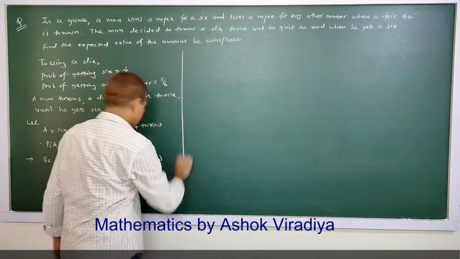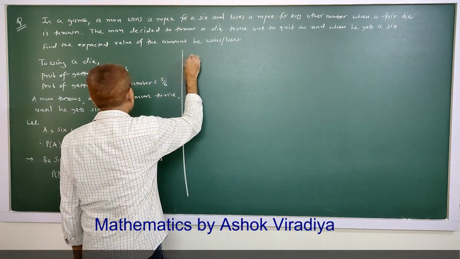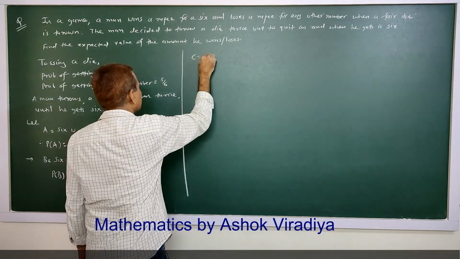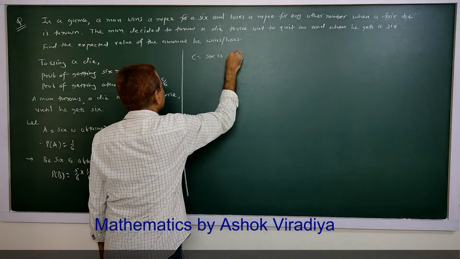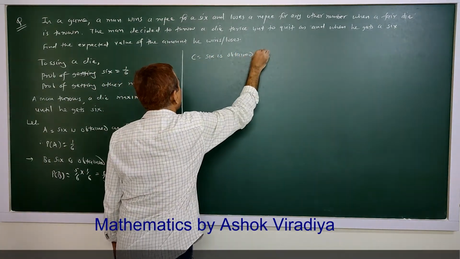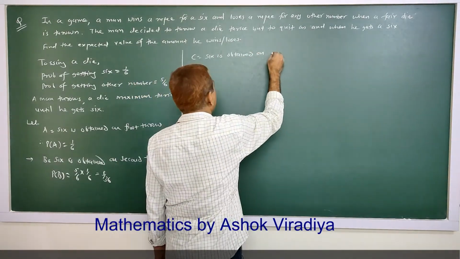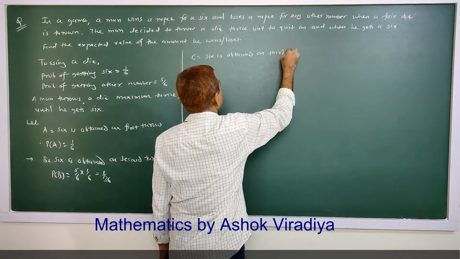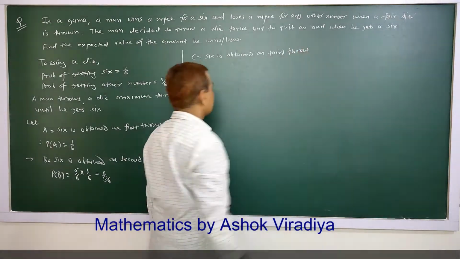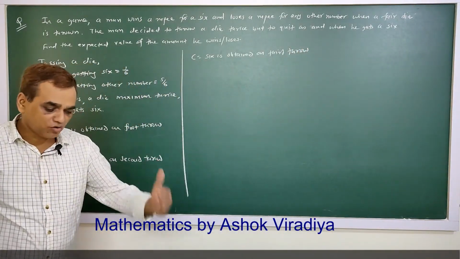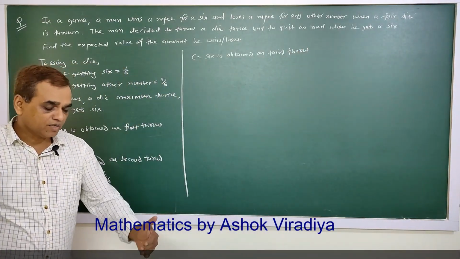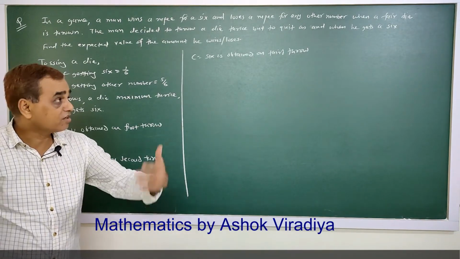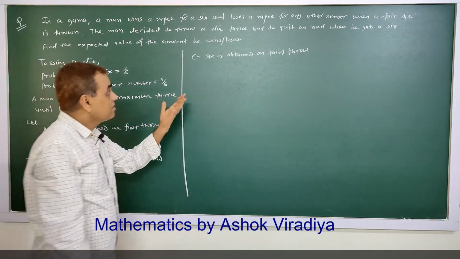We take C. C is event that 6 is obtained on third toss or third throw. First throw other number, second throw other number, and third throw 6 is obtained.